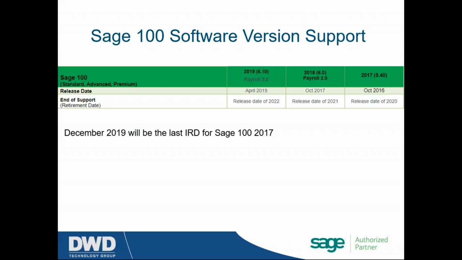But just so you know, again, this is going to be the last year for the 2017. So if you're on 2017, you may want to think about upgrading. If you're on something before that and need to get out, again, W-2s or 1099s, we'll probably need to talk about upgrading as soon as we can, frankly.